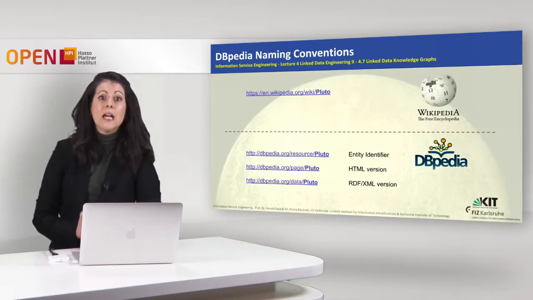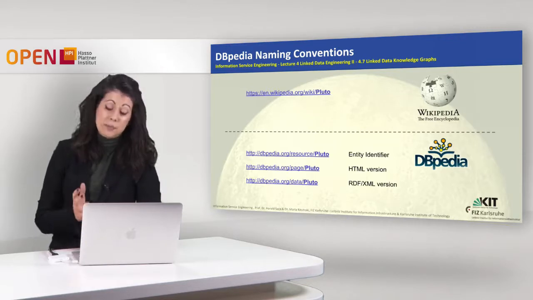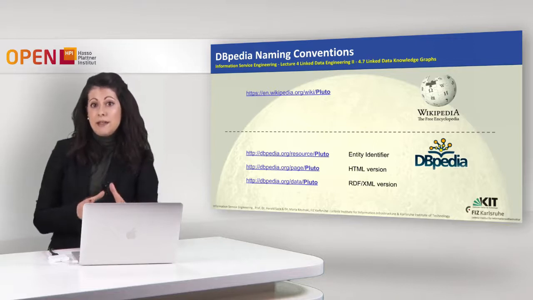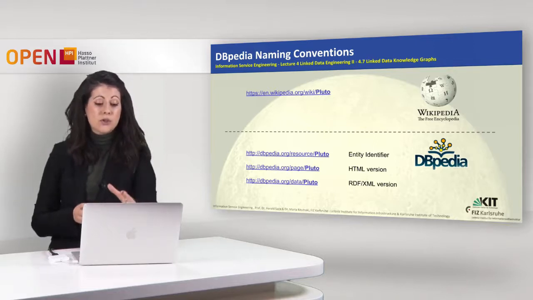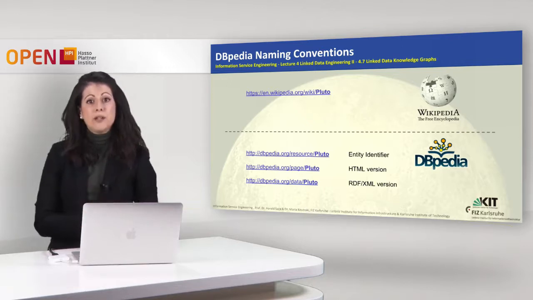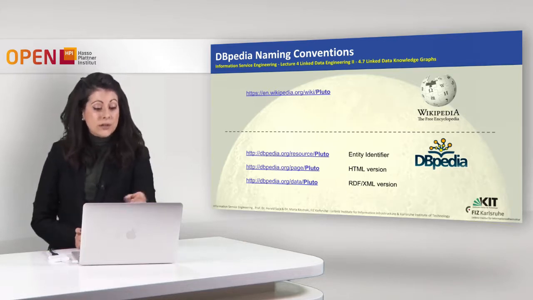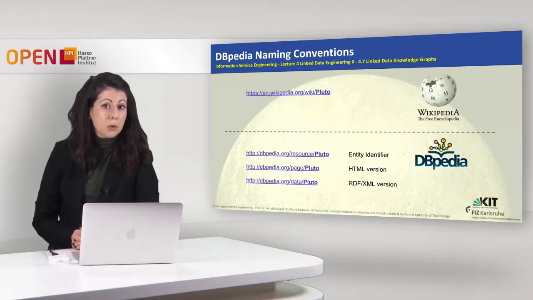As I said, the data in DBpedia are extracted from the Wikipedia pages. And it's not only the data that they took, but they also try to keep a correspondence between the names of the DBpedia pages and the Wikipedia entities extracted from the pages. Here, on top, we have the Wikipedia link to the page of the planet Pluto, which is our running example for this lecture.